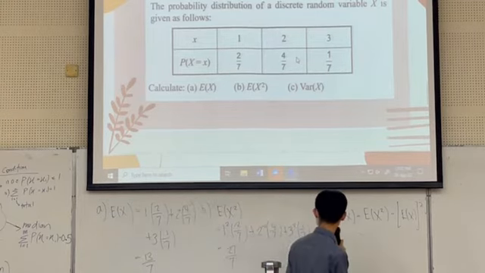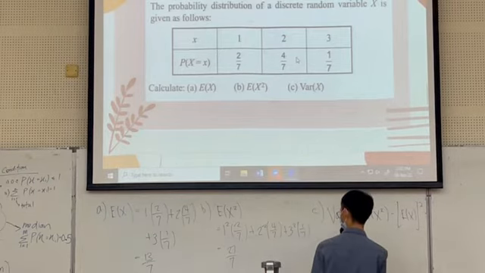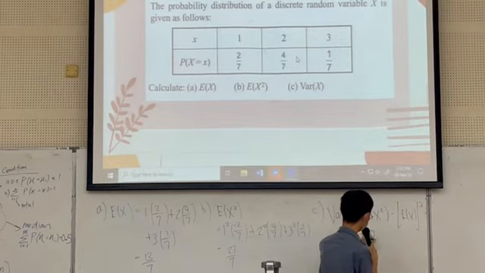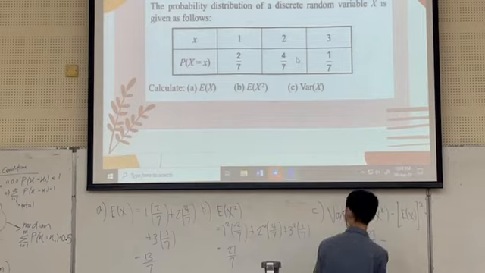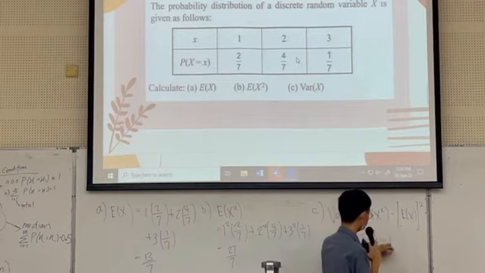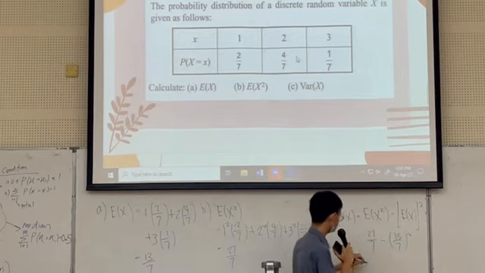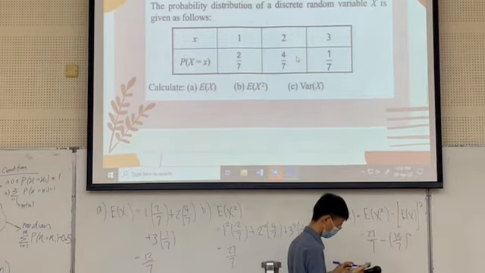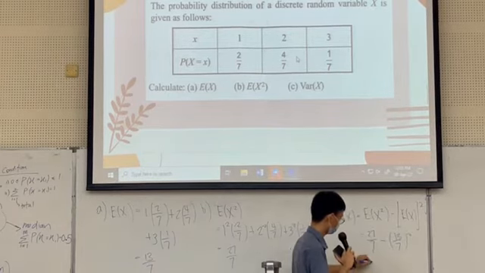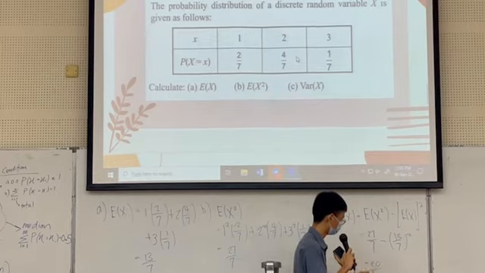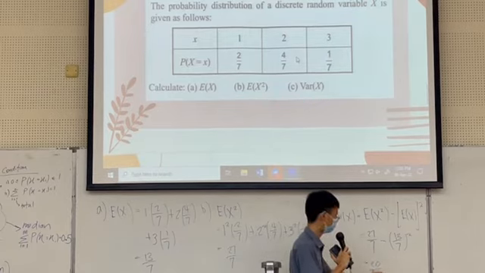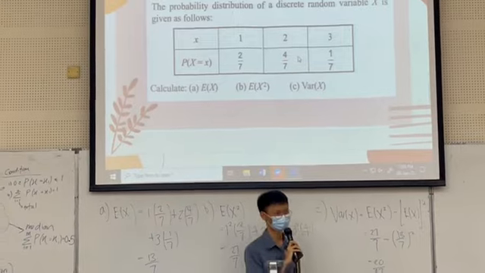E[X squared] is 27 over 7, and we need to minus 13 over 7 squared. So our variance is 20 over 49. So we will proceed to the next question.